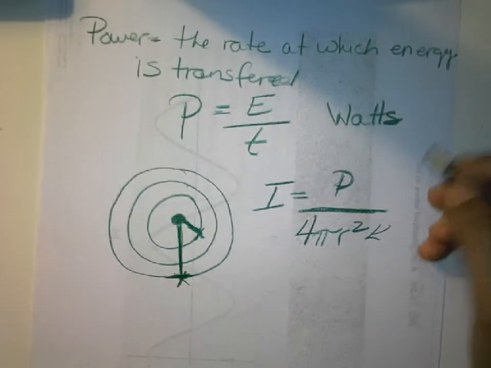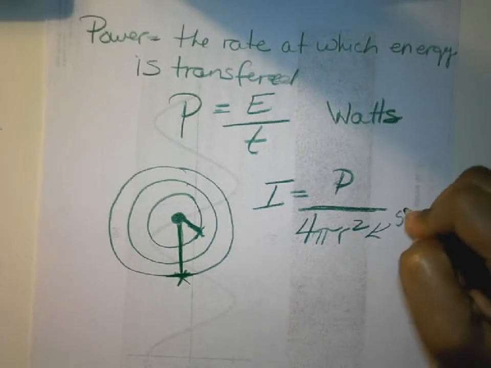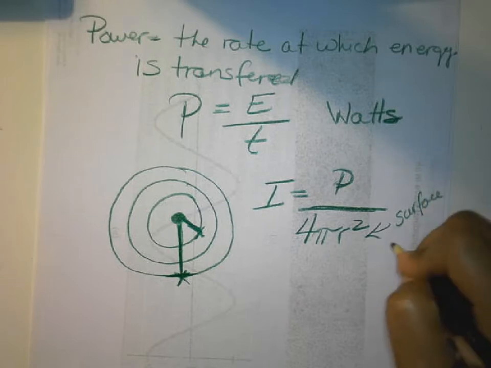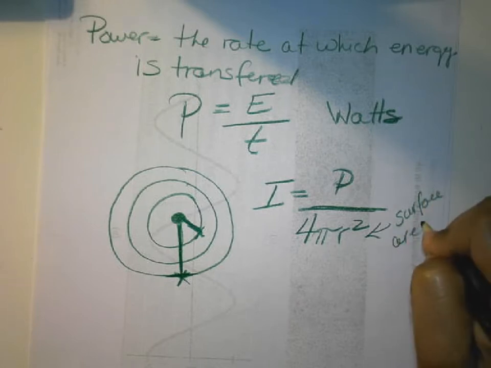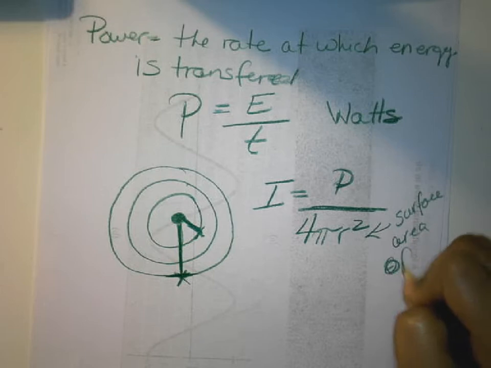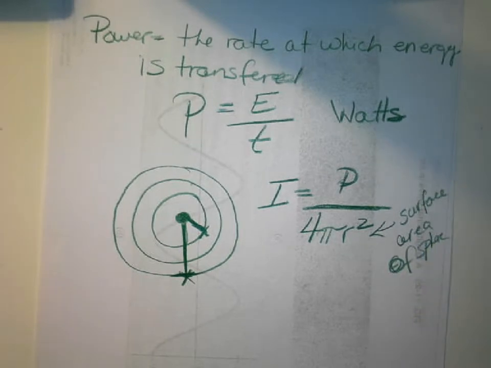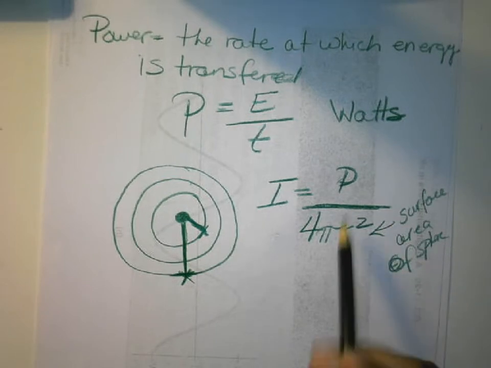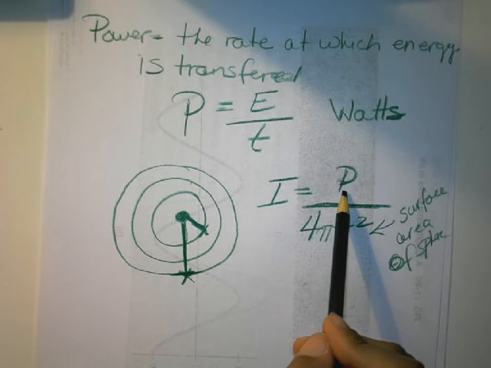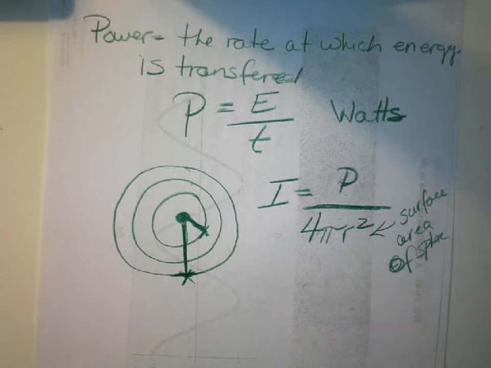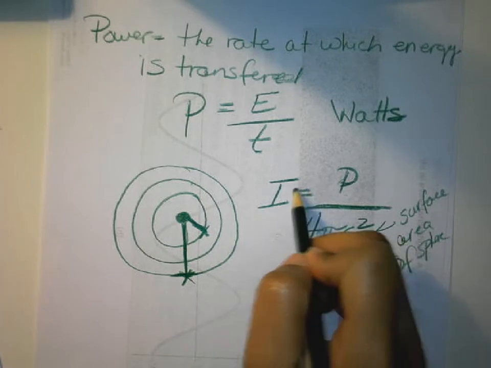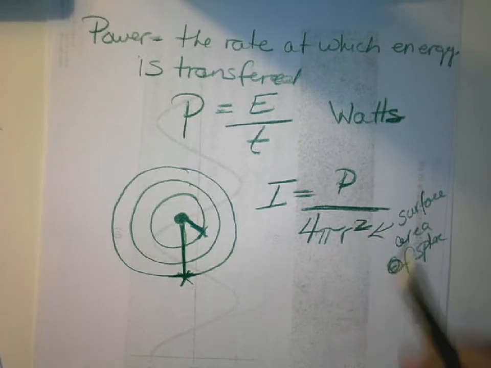And that is actually the equation for the surface area of a sphere. Alright, so the closer you're in, the smaller the surface area, the more power you're going to get. And as you move further and further away, the power falls off by R squared.